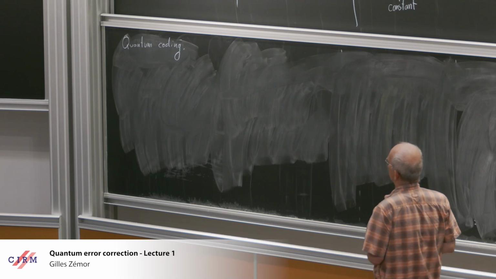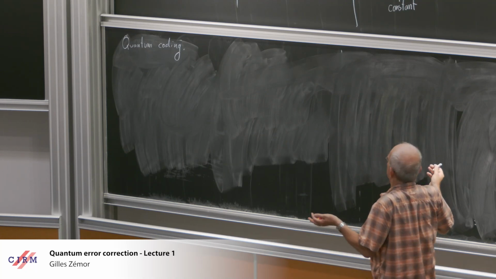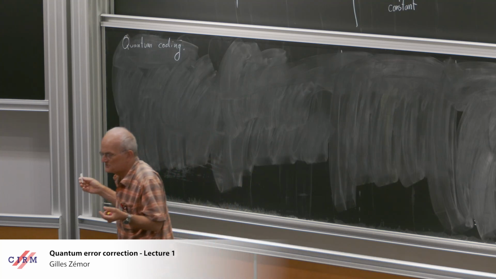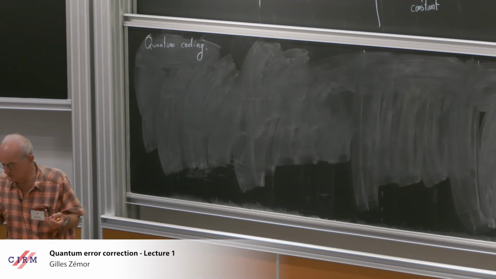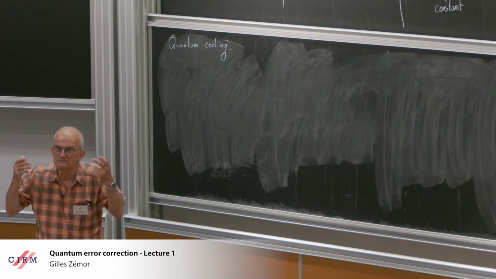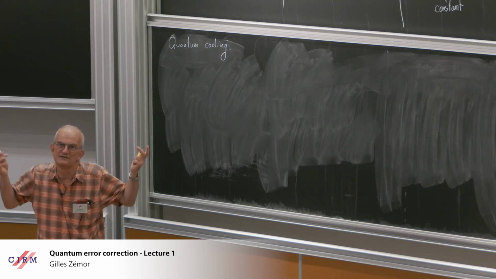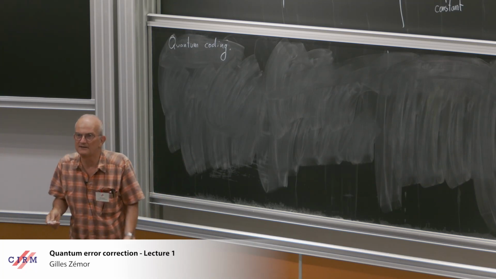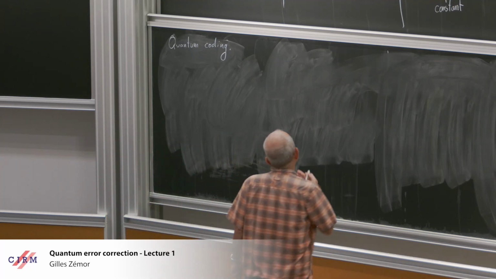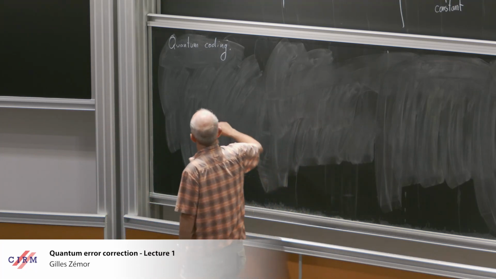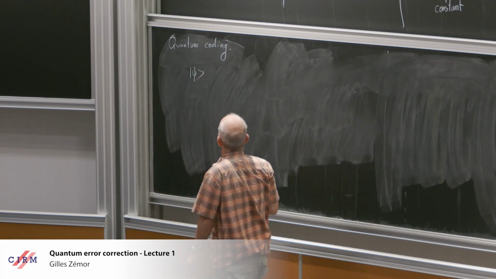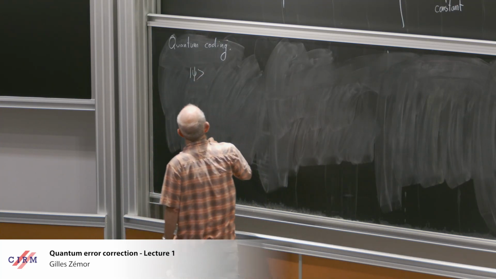So, the simplest classical code is the repetition code. So, the first thing you think of when you start from scratch and start to think about quantum coding is, is there an equivalent of the repetition code? And there you hit upon a somewhat serious issue.